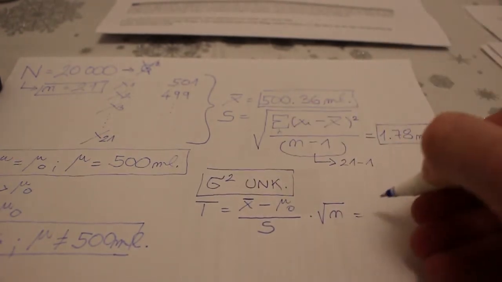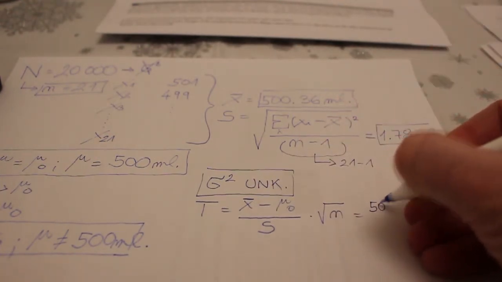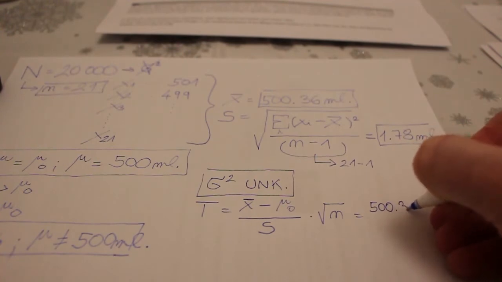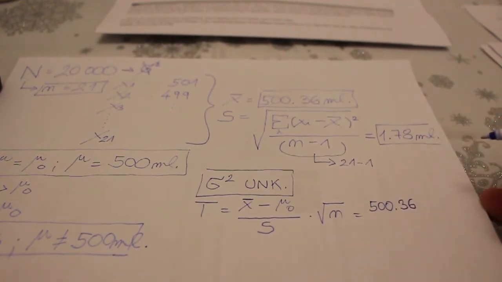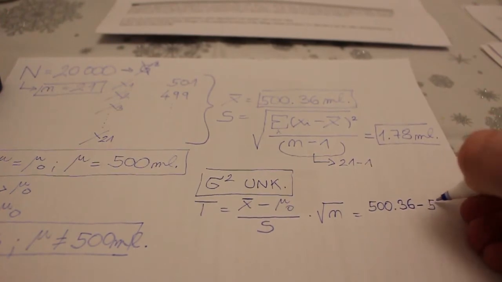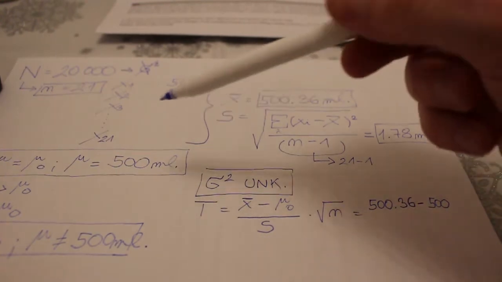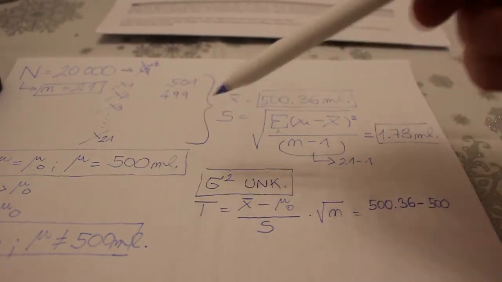In our situation, the sample mean is 500.36 milliliters of beer, minus 500. 500 is the value written here as mu 0.